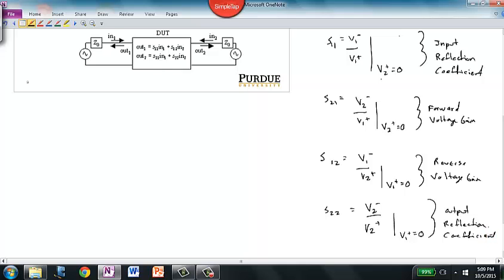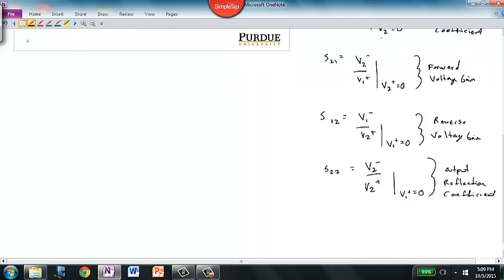So what this is saying is that the S11 parameter is equal to the reflection coefficient at the source, and S22 is the reflection coefficient at the load.